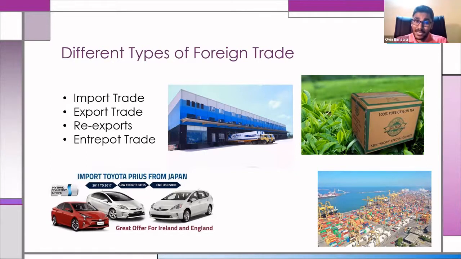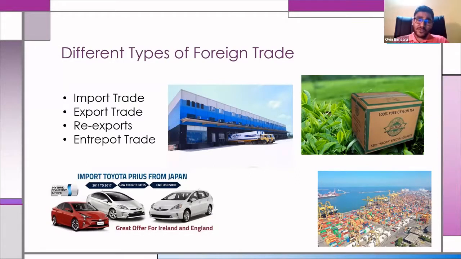And after the paint, you are exporting it back to India. That is also considered as re-exports. So in re-exports, what happened is you are importing something, and to that imported good, either you keep it as it is or you are going to do a change, and after that you export it back to another country. That is called re-exports.